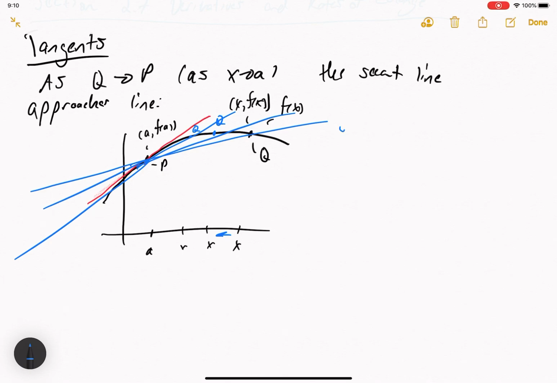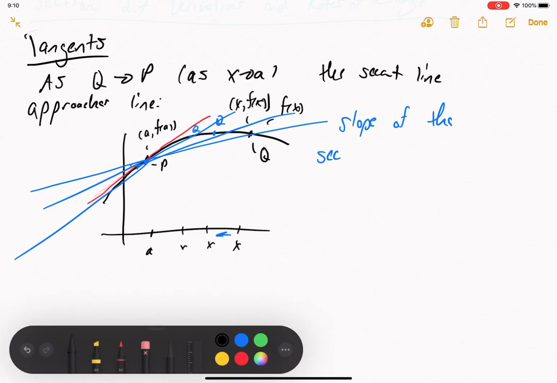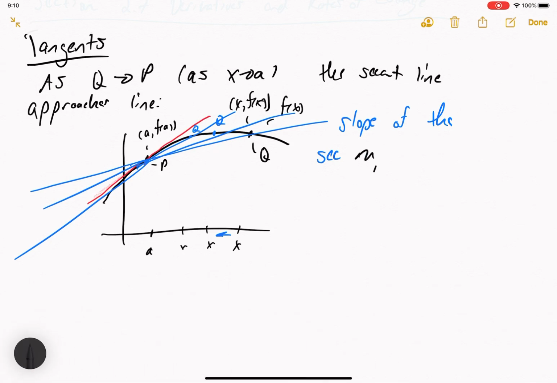So remember the slope of the secant line. We call that m_PQ because it depends on two points. This was just equal to f of x minus f of a, divided by x minus a. Remember, it's the same thing as f of a minus f of x over a minus x, but that doesn't matter so much.